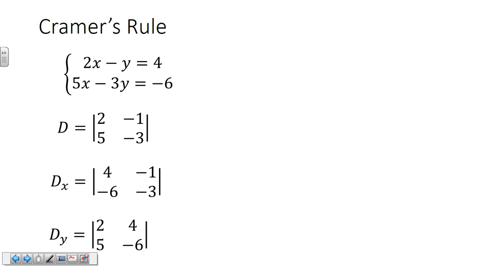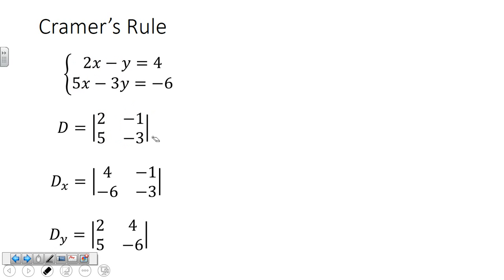So I've got my determinant notation, those straight bars, for all three of my determinants. And you'll notice that in D, all this is my coefficients from my system of equations. So this is just the determinant of what I like to refer to as the coefficient matrix.